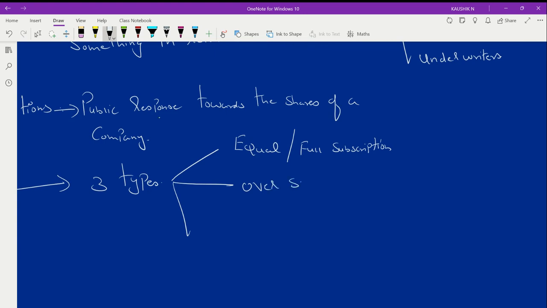The second one is under subscription, and the last but not the least, the third one is over subscription. So these are the three different types of subscriptions which we have.